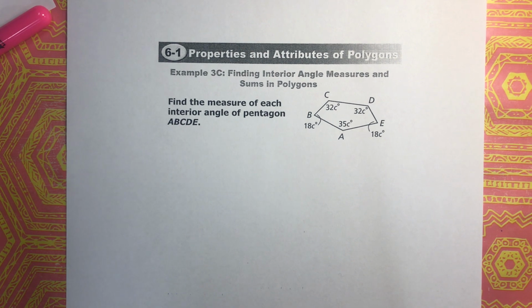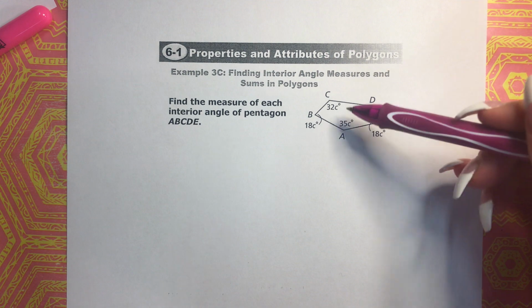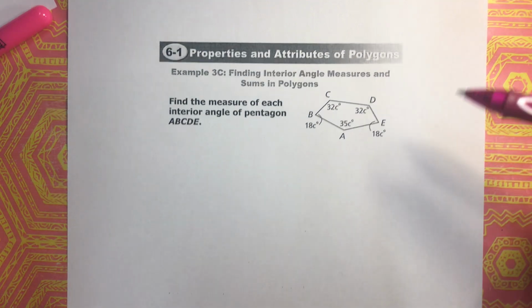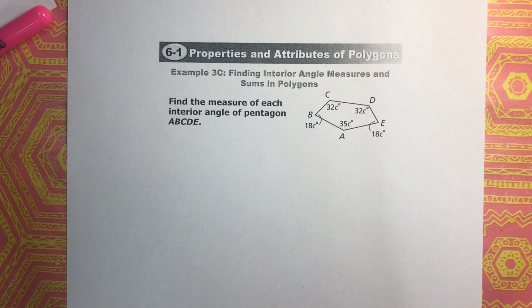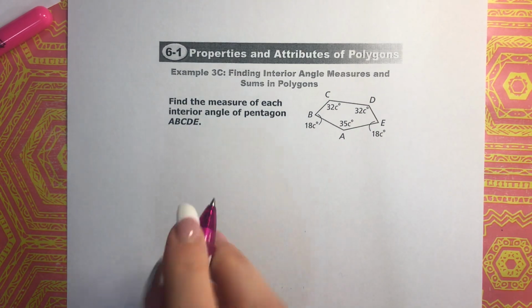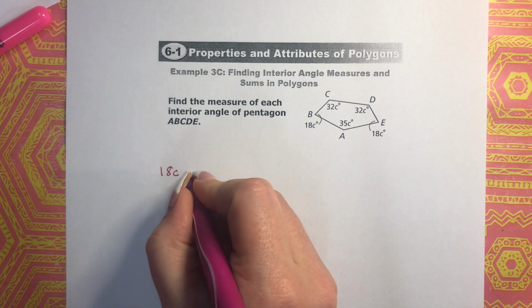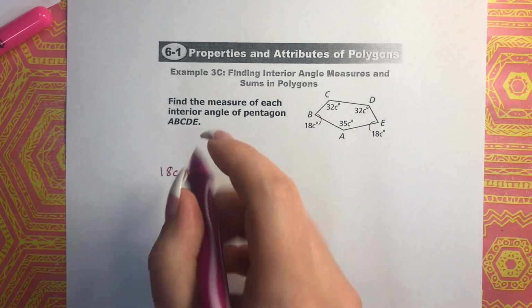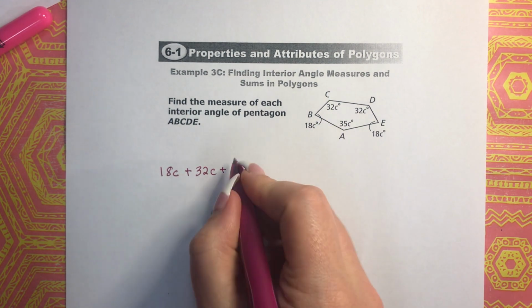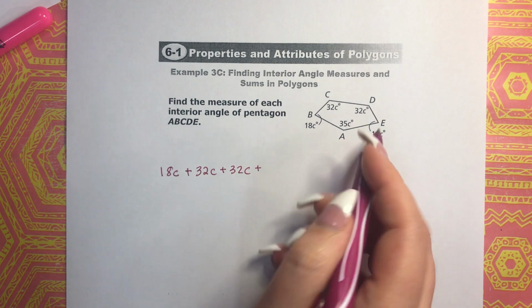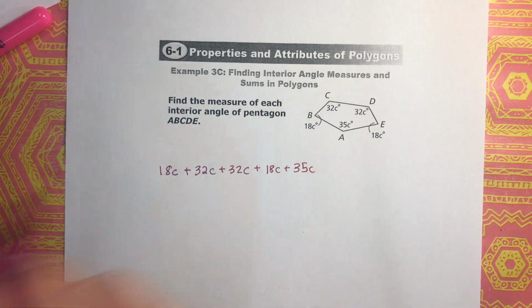We have every single angle, but they're algebraic expressions, right? So we know that all of these add up to the sum of the interior angles. So we know that we're going to have 18C plus 32 plus 32C plus 18C plus 35C, right?